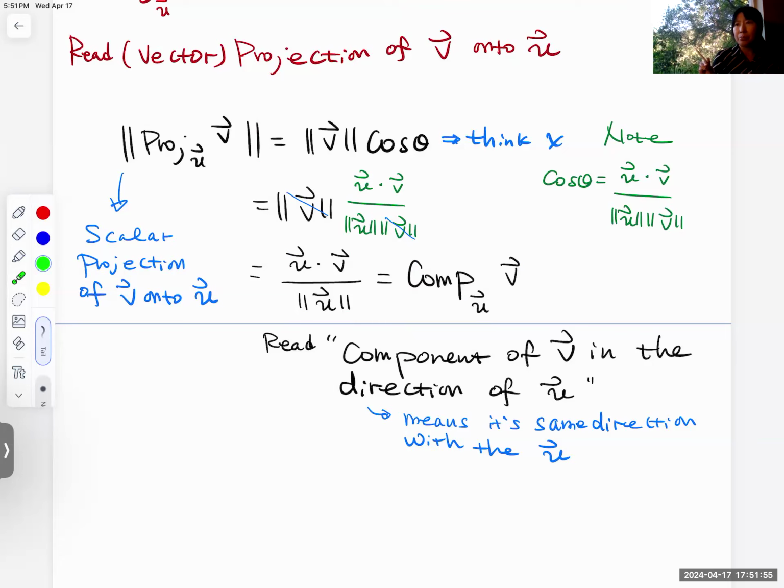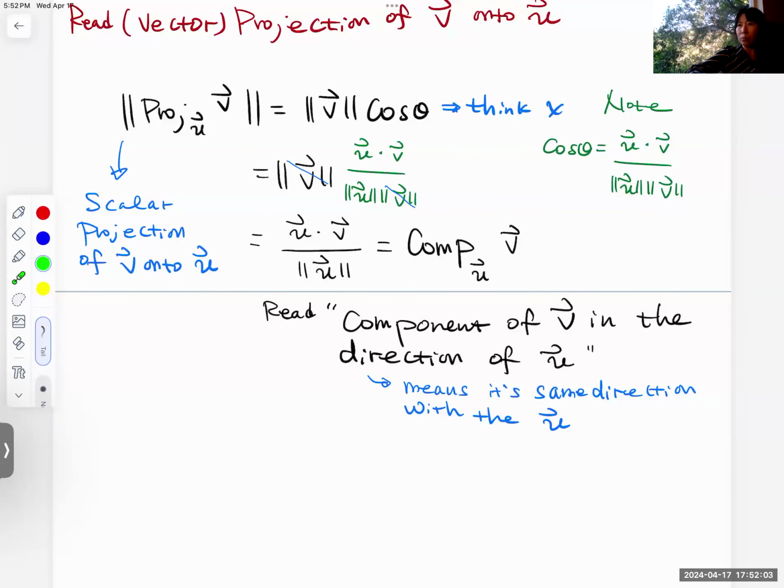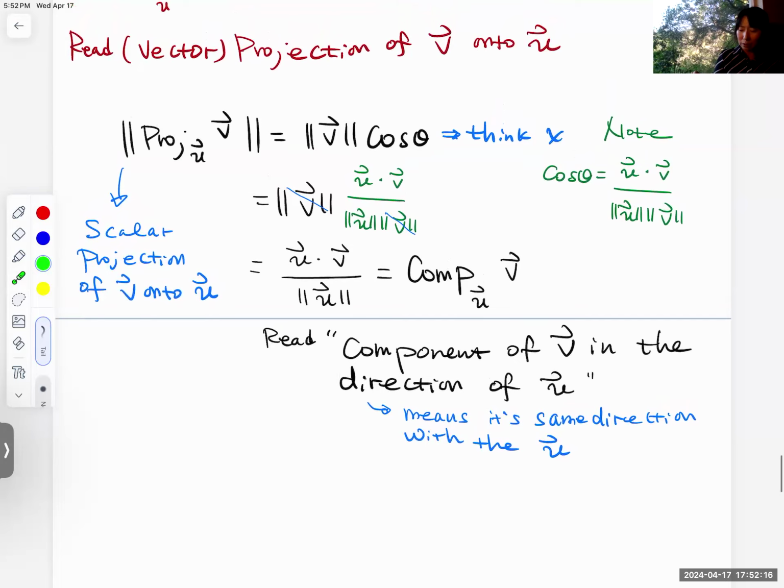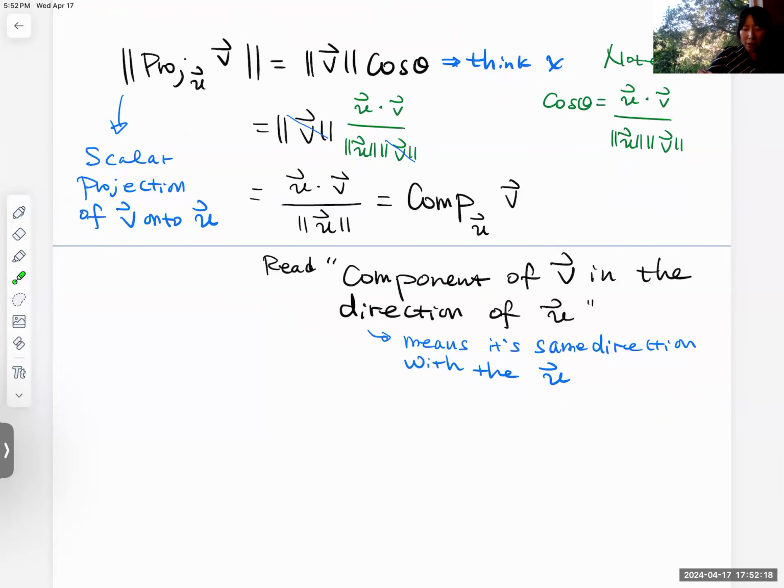Let us do this one. Now, we want to know about the projection of a vector V onto U. Earlier we had the magnitude of that. Now we want to know about it without the magnitude. So what about this one?